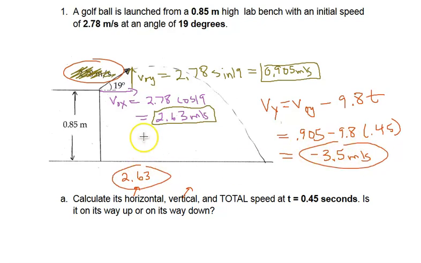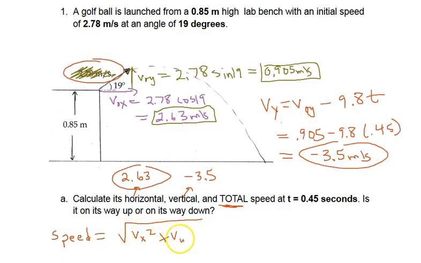Okay, so it's headed over at 2.63, same as it ever was, headed down at 3.5. But we want the total speed as well, what the speedometer would read. And the total speed is the Pythagorean theorem. I will draw you a picture in a second.